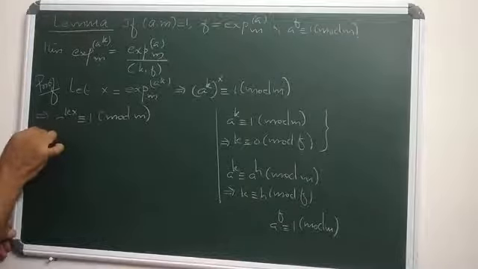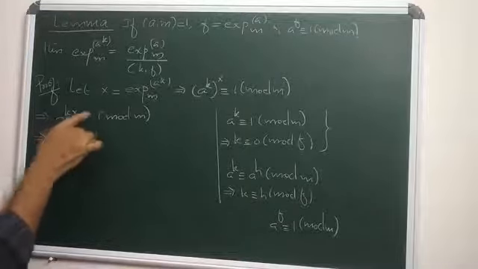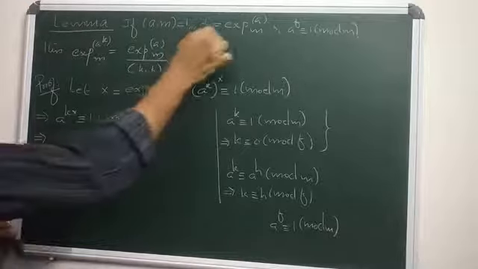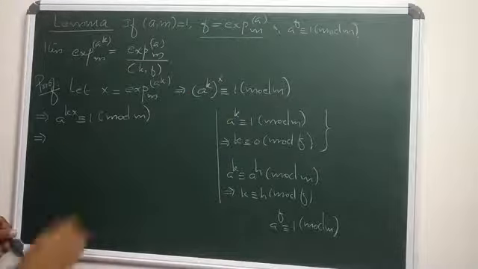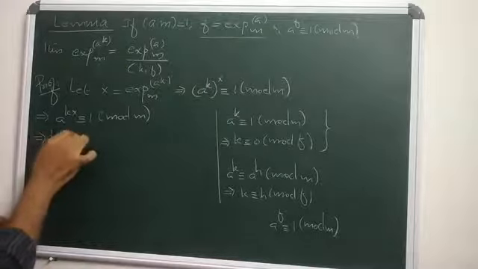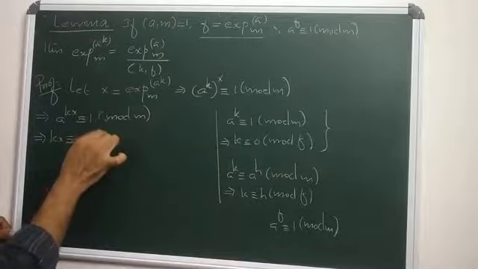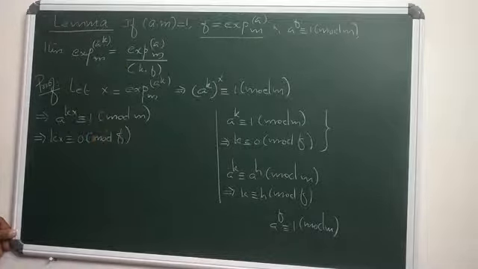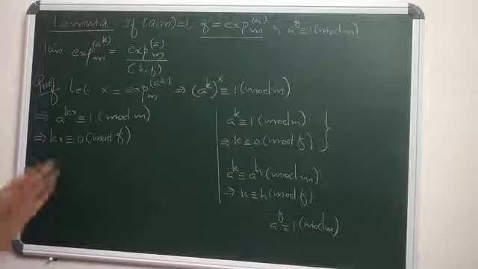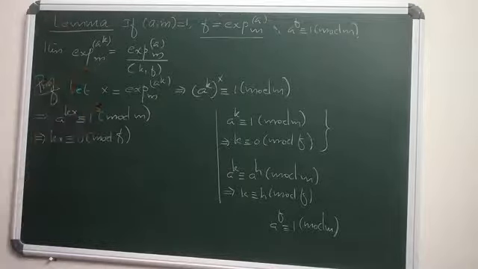So in the light of that argument, if a to the power kx is congruent to 1 mod m and f is the exponent of a mod m, then we know that kx is congruent to 0 mod f, where x is the least positive integer. Why? Because of the choice of x.